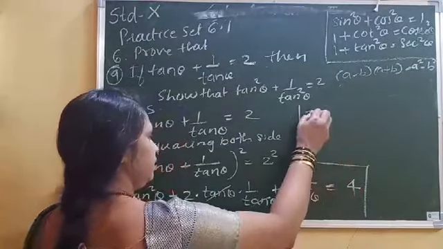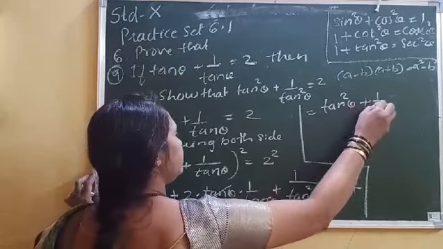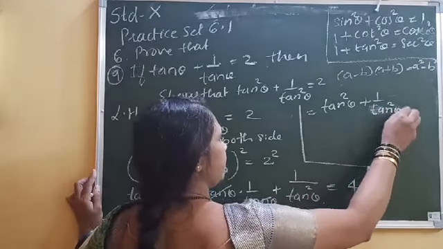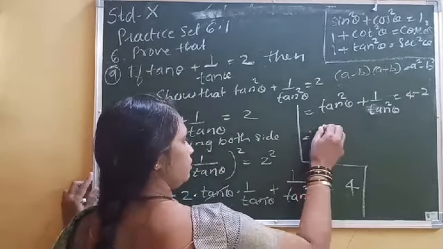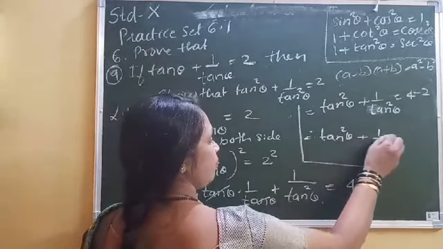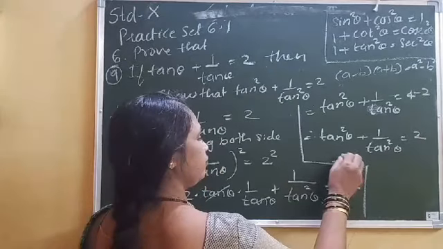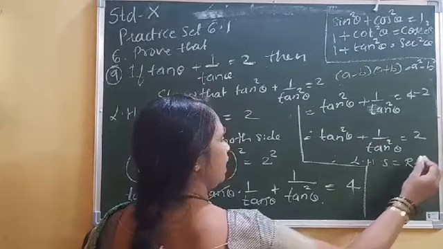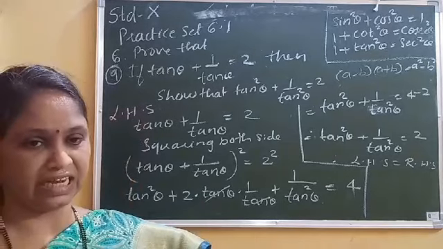So, therefore, tan square theta plus 1 upon tan square theta is equal to 4 minus 2. So therefore tan square theta plus 1 upon tan square theta is equal to 2. Therefore LHS is equal to RHS. Okay, so we have solved the 9th example also.